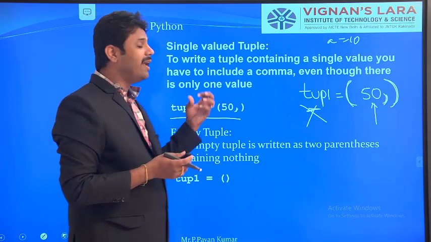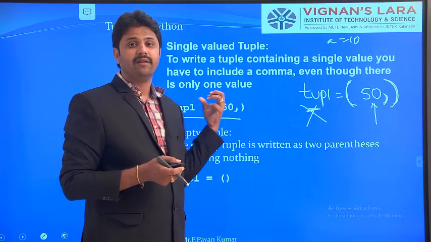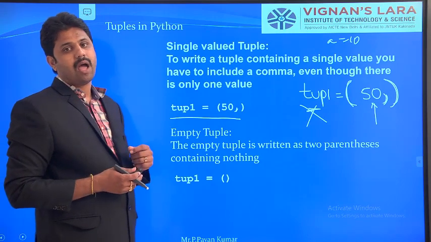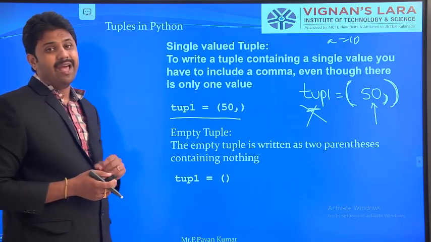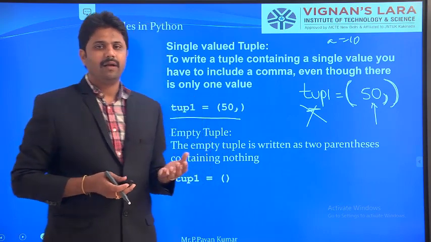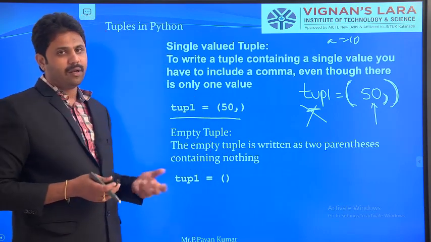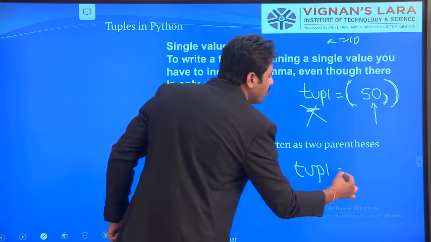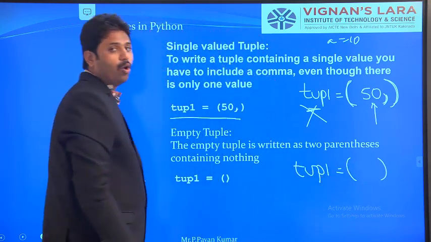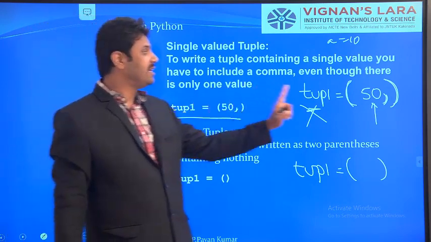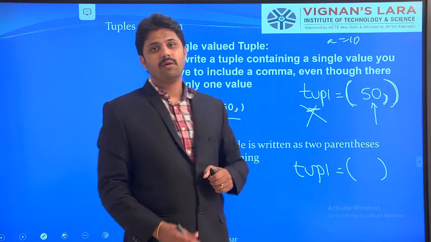Then only it is treated as a tuple data structure. Otherwise, it is a variable. If your tuple doesn't have any content, that means an empty tuple, you simply write tuple 1 equals empty parentheses. No problem with that. So if your tuple has a single value, you must use a comma.